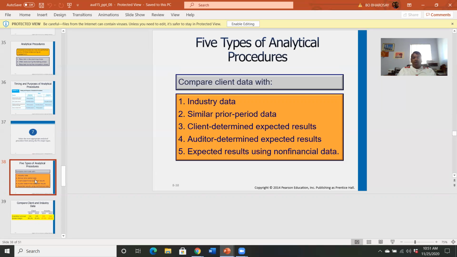Where does the auditor get their expected results from? Prior year's audit, understanding the client industry, and so on. We know what to expect from this client. If the client data is way off from that, we need to understand why. Maybe it's an error, maybe it's not.